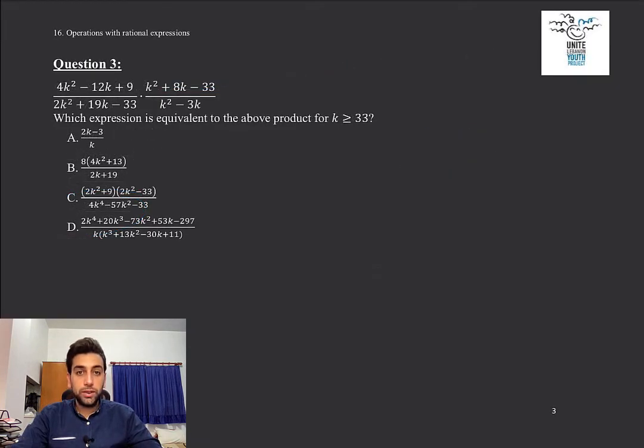Next, we will do exercise number 3. Which expression is equivalent to the above product for k greater than or equal to 33? Again, k is greater than or equal to 33 here, so that we don't have any ambiguity concerning the denominator being equal to 0. So, in this expression, what we need to do is to factorize it in the numerator and in the denominator.